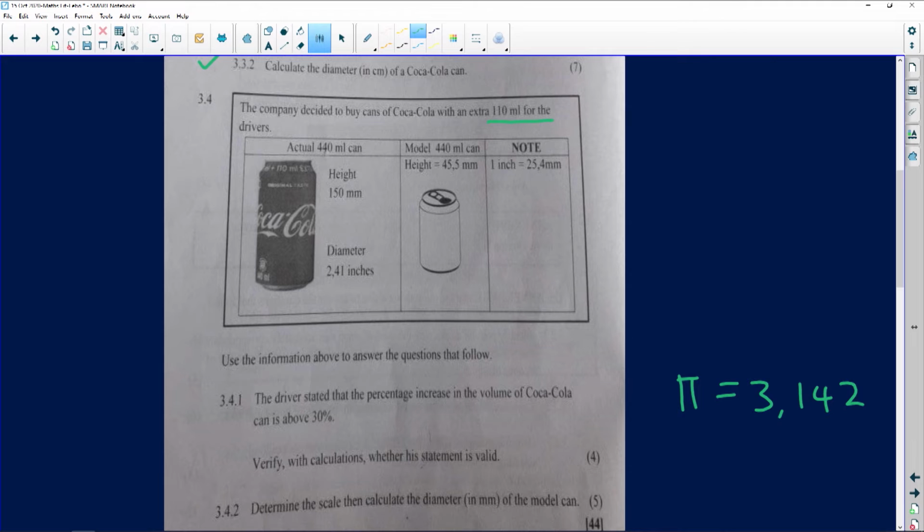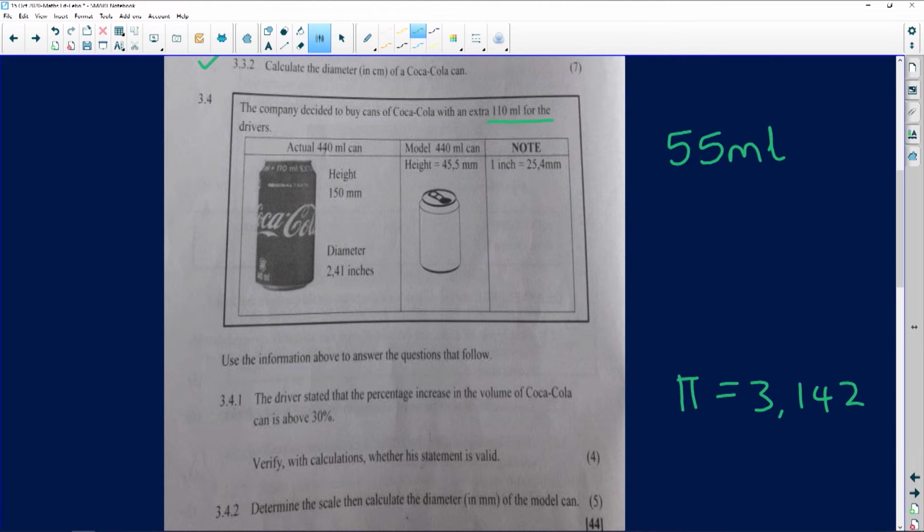The company decided to buy cans of Coca-Cola with an extra 110 milliliters for the drivers. The actual can is 440 milliliters. So automatically we know that for the drivers, it's going to be 550 milliliters because it is extra.